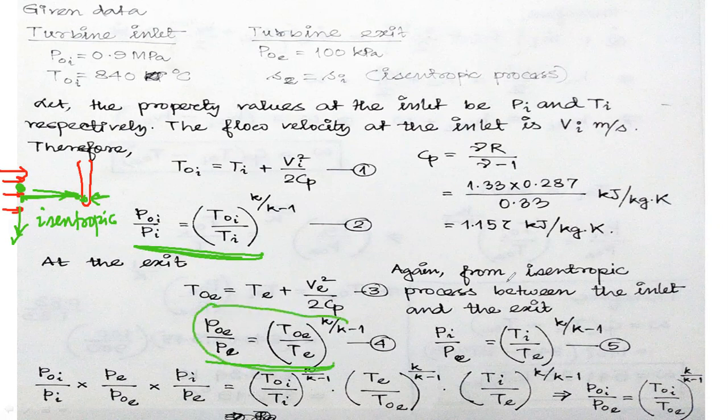Now again, the process between the inlet and the exit is isentropic.